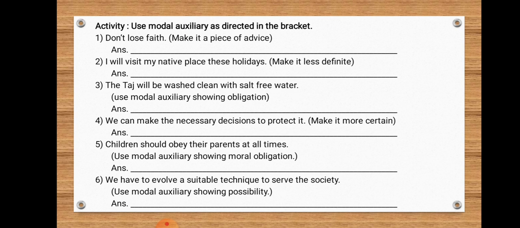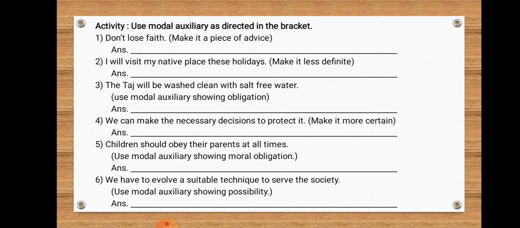May shows possibility and it is less definite. Then should suggests some advice. Would also shows probability. So here we are going to discuss the use of modal auxiliaries.